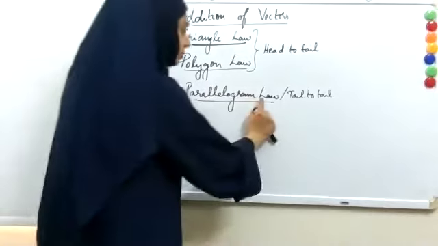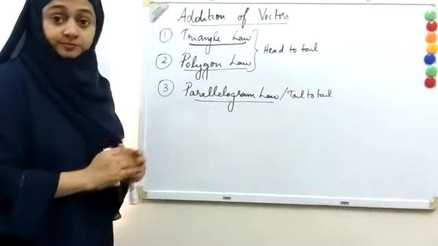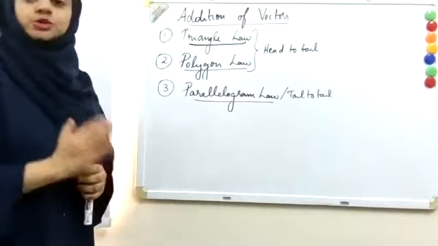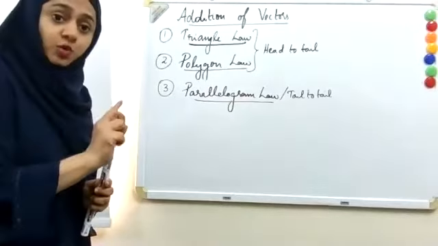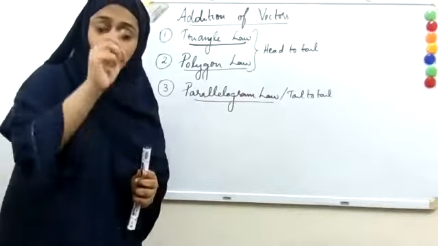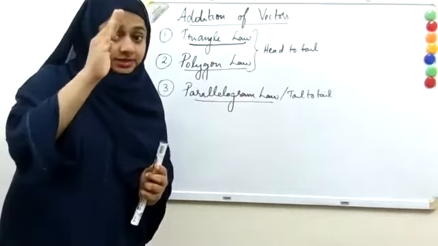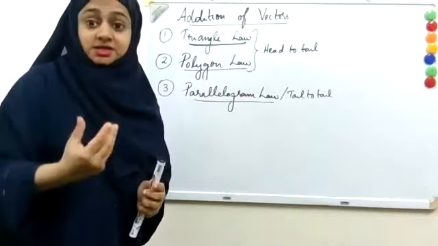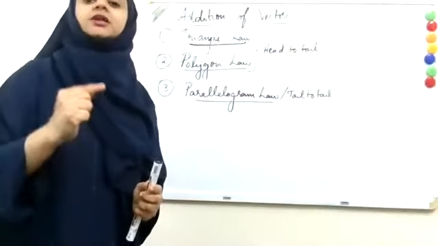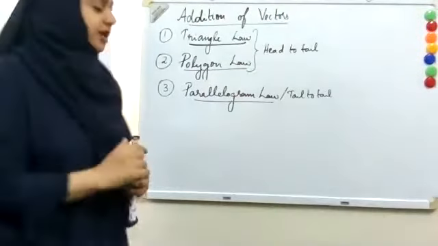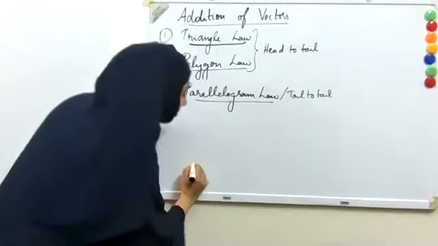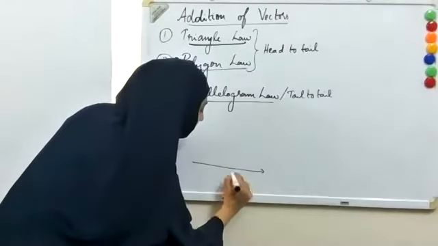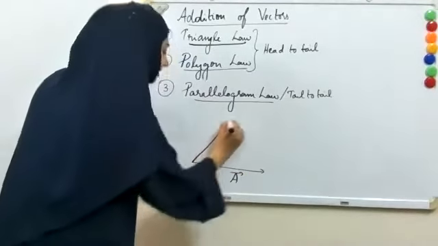So let's see what is meant by the parallelogram law. Parallelogram law states that if two arms of a parallelogram form two vectors, then their resultant is the diagonal drawn in that parallelogram. For example, I have a vector A and another vector B.